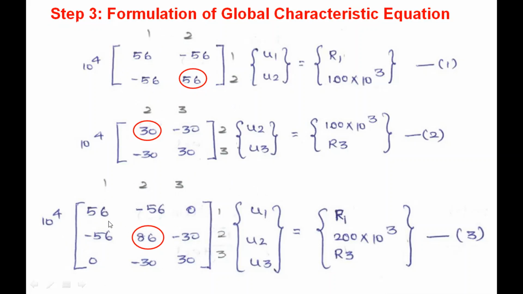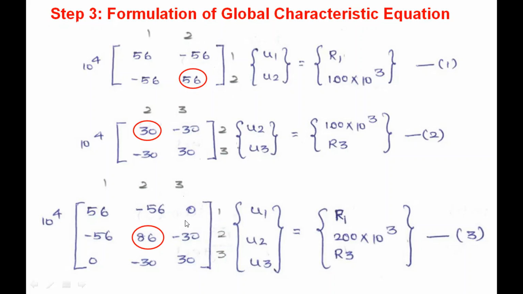When you write the elements of the 3 by 3 matrix, this is the 1 1 element, which can be selected from this equation. This is 56. Similarly the 2 1 element you can select from this equation. It is minus 56.